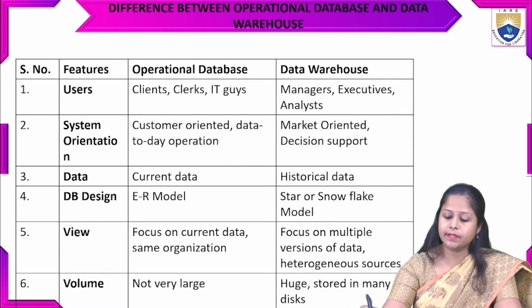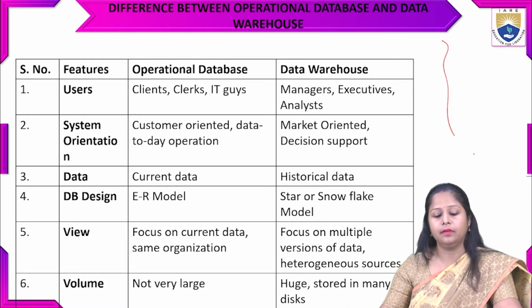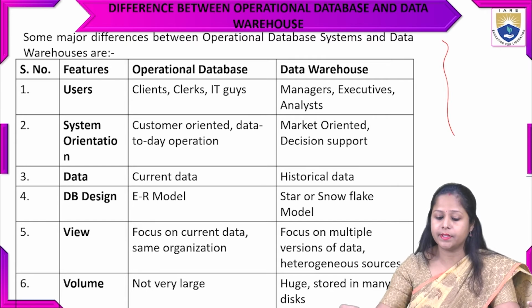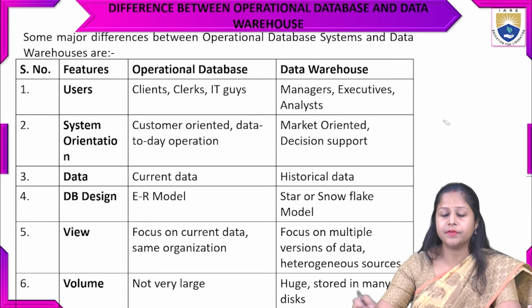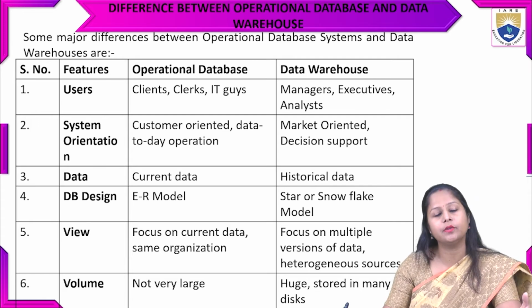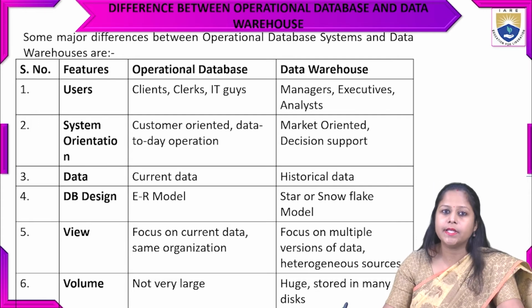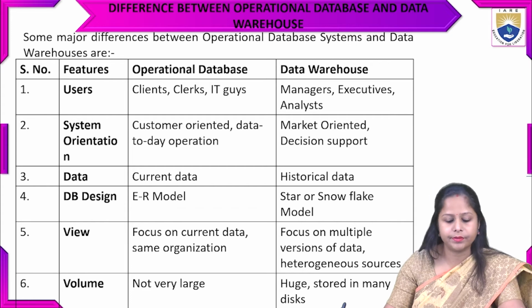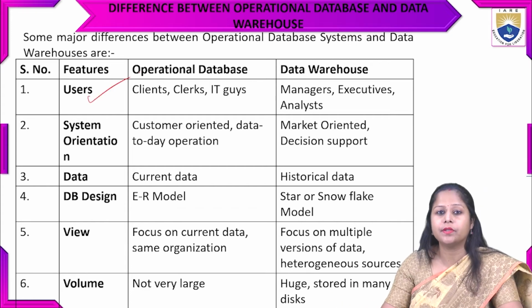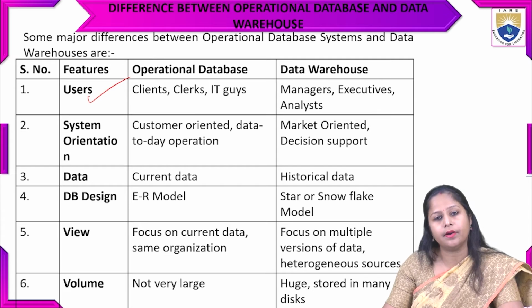Here we will see the difference between the operational database and the data warehouse. Some major differences are there in terms of some features. The first feature is users: who are the users of the operational database and of the data warehouse.